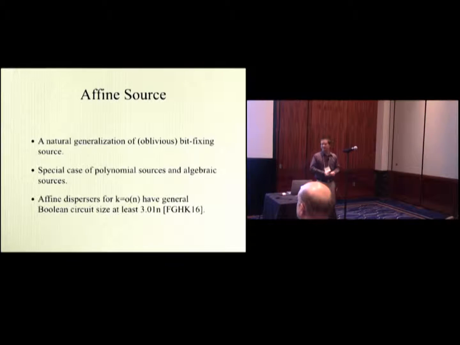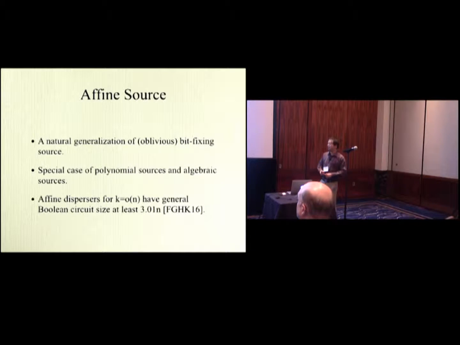Polynomial sources are the sources which are generated by a system of polynomial equations. And so here, affine sources are just generated by linear equations. Right? And algebraic sources are the common zeros of a system of polynomial equations. And affine sources can be viewed just as common zeros of a system of linear equations.